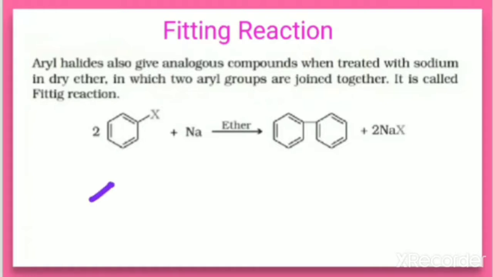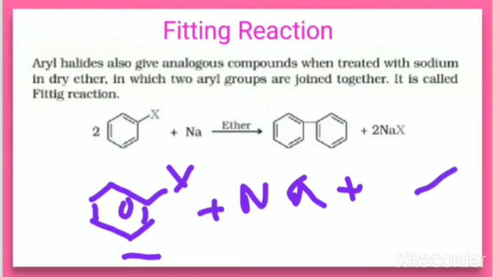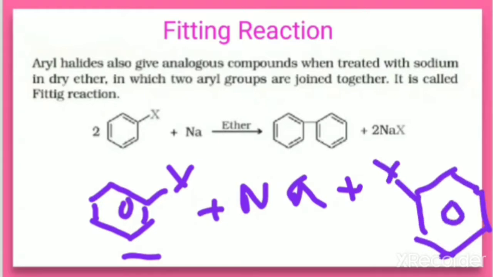I am writing this part plus Na, plus, now this part I am writing in the reverse order like this, X. Now when you write the two molecules of this, I have written in this way.